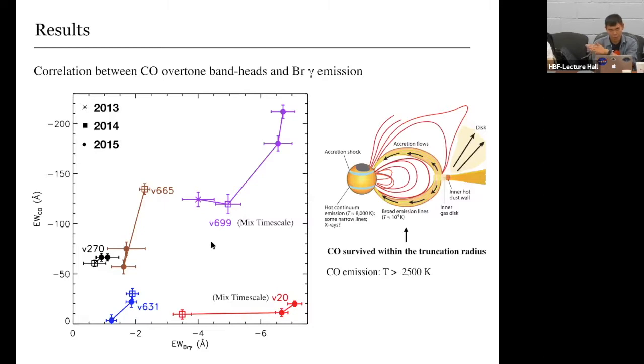But it's reasonable because V699 is a mixed timescale variable star, which means the star changed its behavior within 100 days. So maybe the sampling effect over years changes this trend.